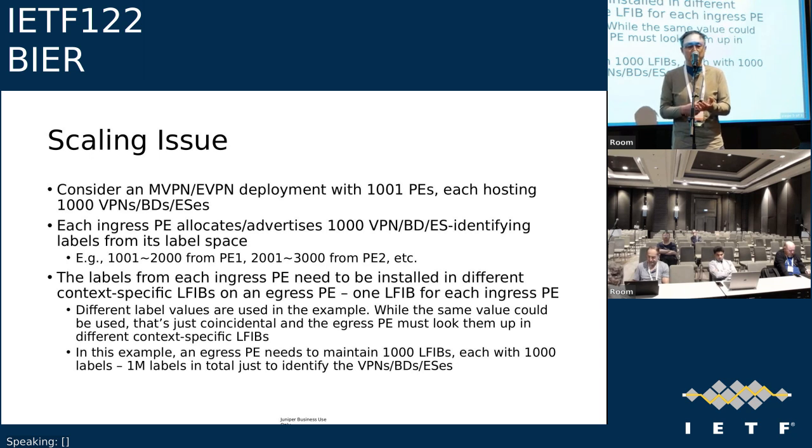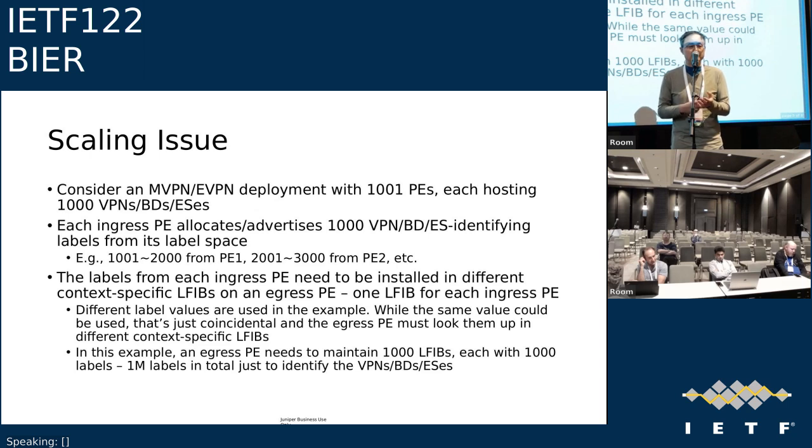PE2 allocates 2001 through 3000, and so on, from their own label space. Now, when the egress PE gets the signaling, for each ingress PE's address label, it needs to put that label into a corresponding LFIB specific for that ingress PE.